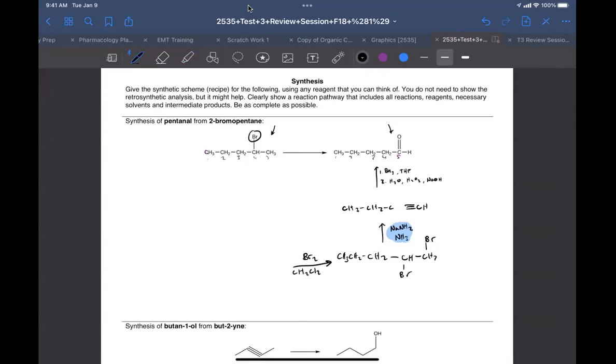Bromination, Br2, and then some polar aprotic group. Double bromination. How do we get there? Well, remember, if you have an alkene and you react with Br2, we just add those 2 Brs.